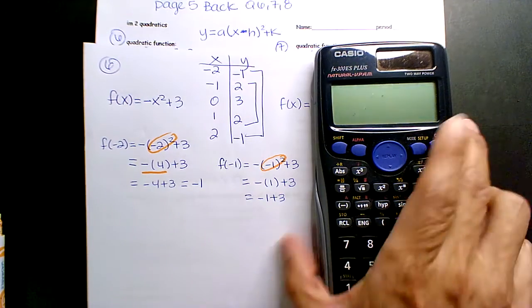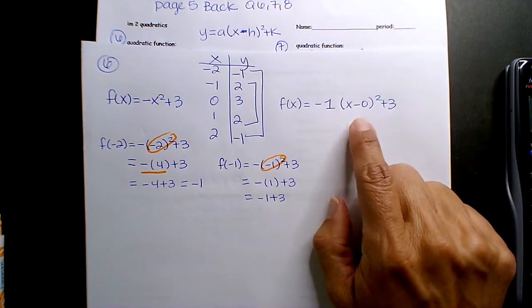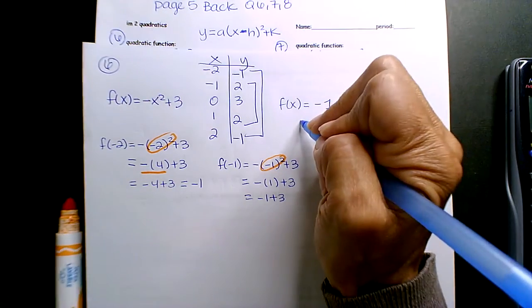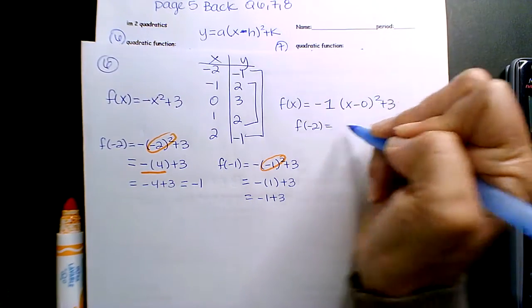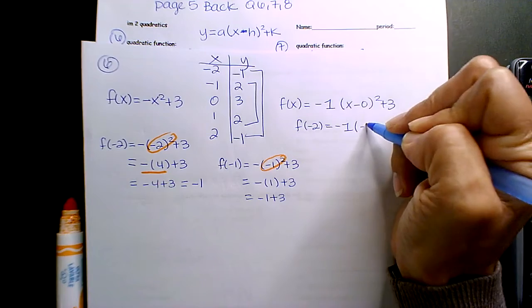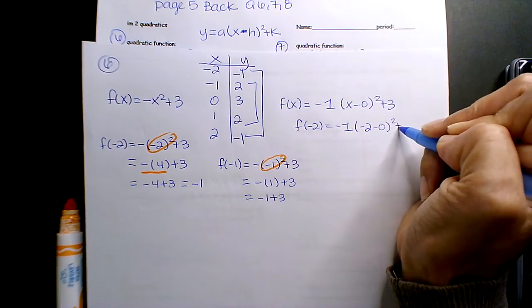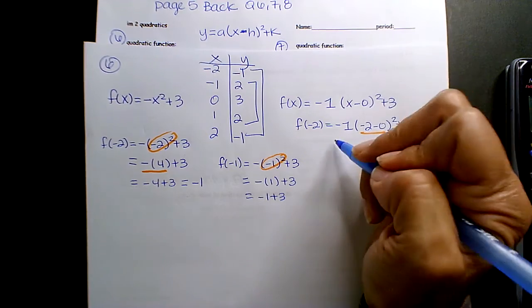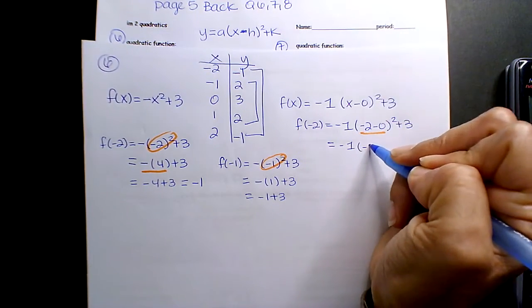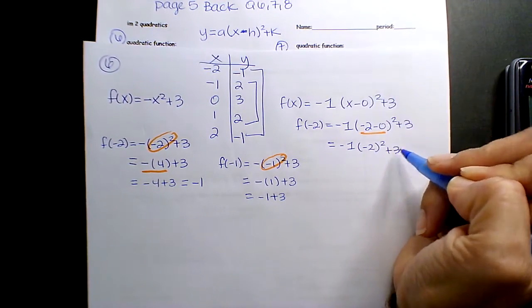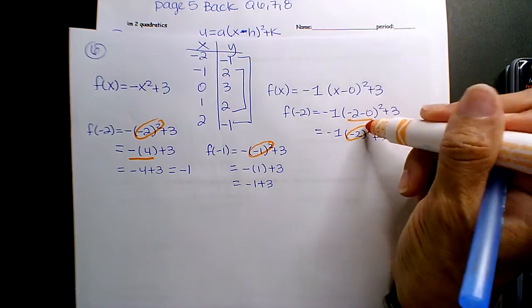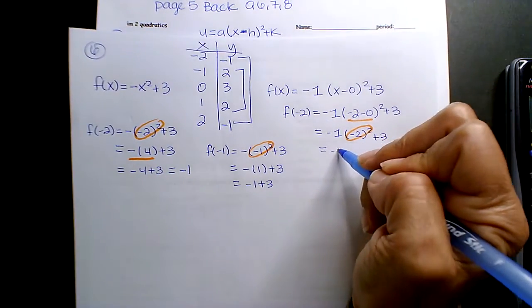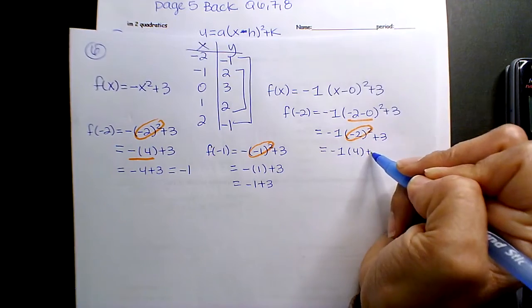Okay, now what happens if you're like, but what if I want to use this one? It doesn't matter. F of -2, so I'm doing way more work right now. -2 minus 0 squared plus 3. What's -2 minus 0? -2. What is 2 squared? 4.